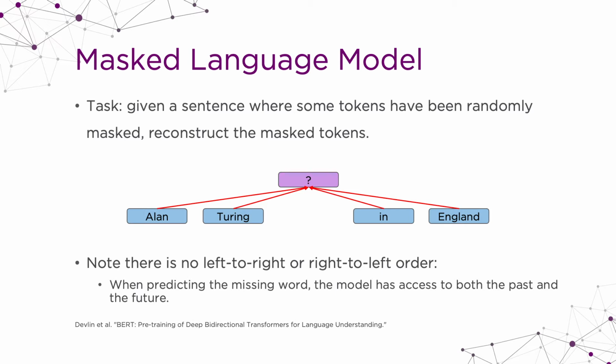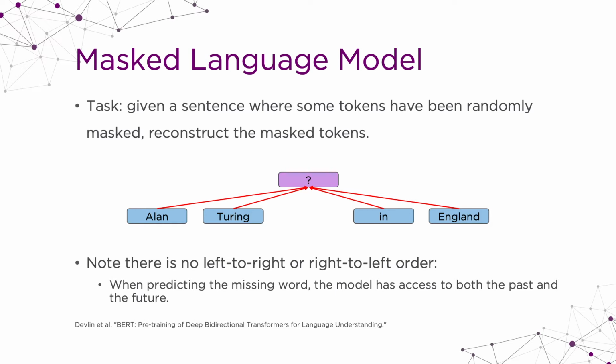So masked language modeling, it's very similar to language modeling. So we take a sequence, we mask some tokens. In this example, it's only 1, but you can mask more than 1. And you ask the model to predict the token back. It's very similar to language modeling, but there is no left to right or right to left. Like if you see here, I'm trying to predict this word in the middle, which should be lived.